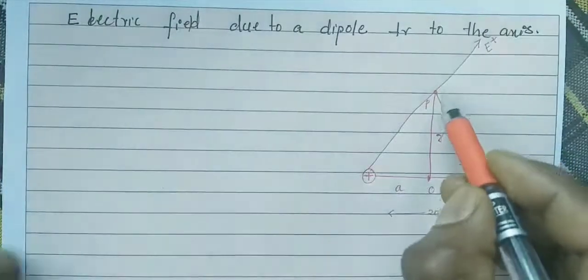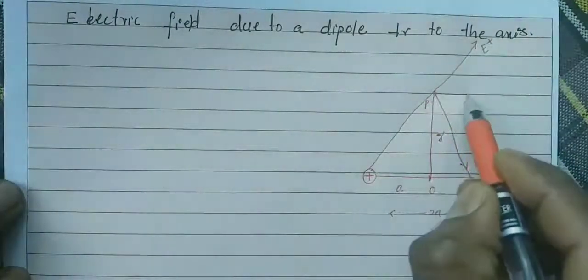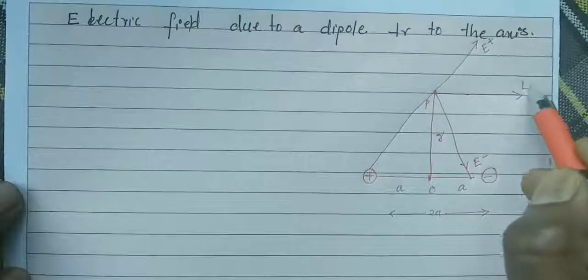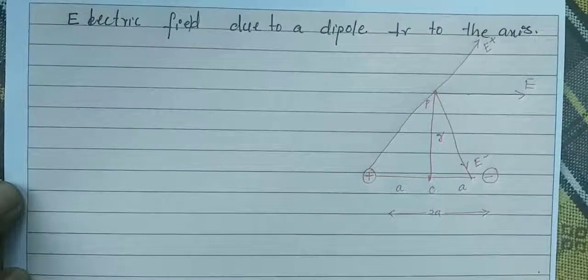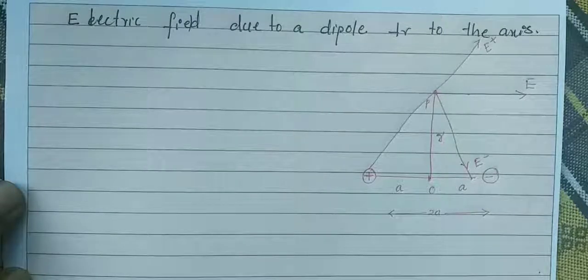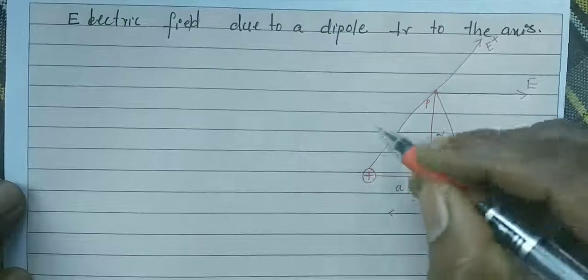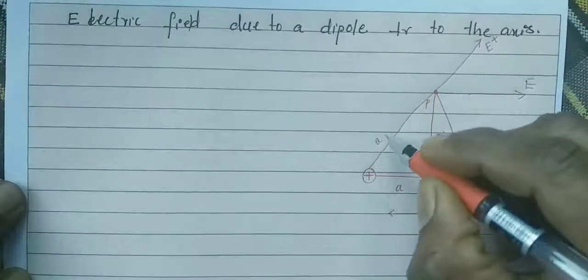So the arrow mark will represent its vectorial representation. Now the total electric field E will be the sum of E plus and E minus. But here we have a problem. E plus and E minus we cannot add together directly.